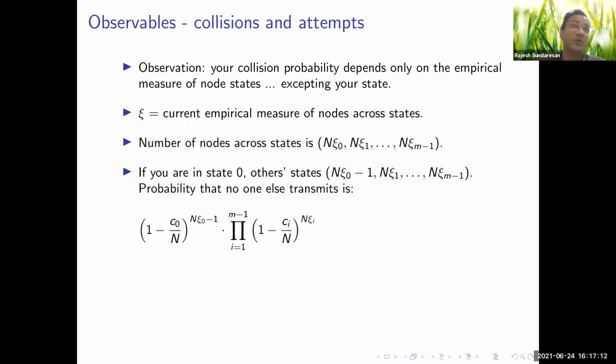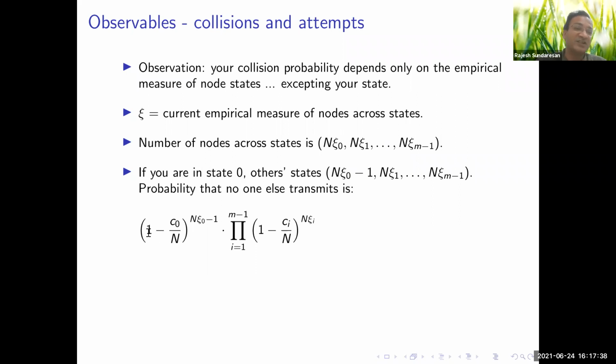Now we ask, what is the chance of success if you were to transmit? So you're in state 0, you attempt to transmit. For you to succeed, nobody else must transmit. What's the probability that that happens? If you assume there's independence and each node transmits with probability Ci by n if it is in state i, you can write this as: nobody in state 0 must transmit.